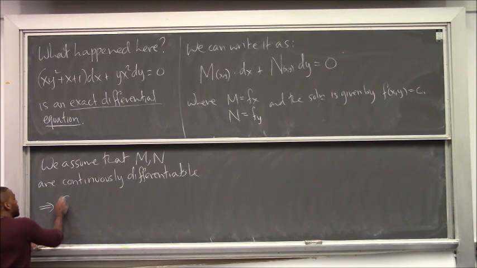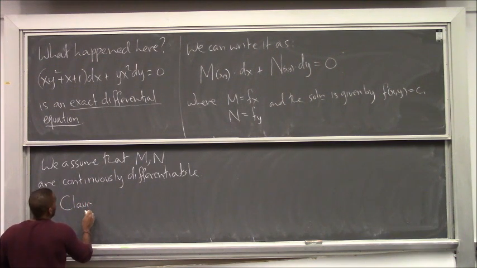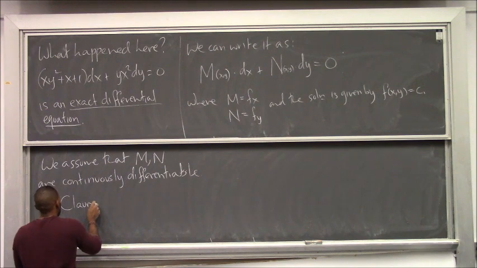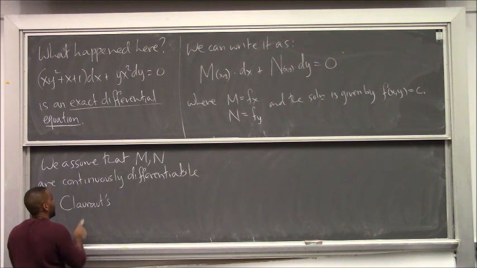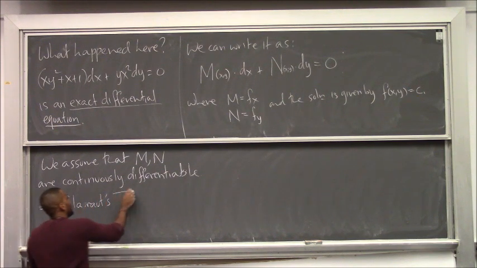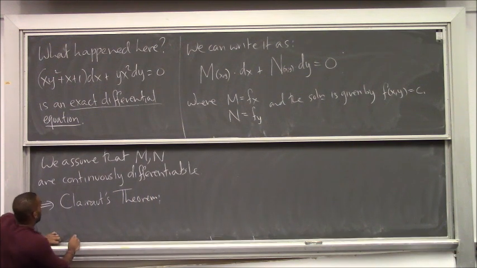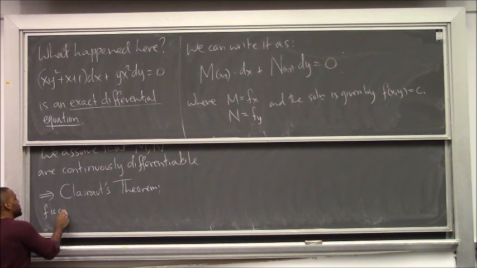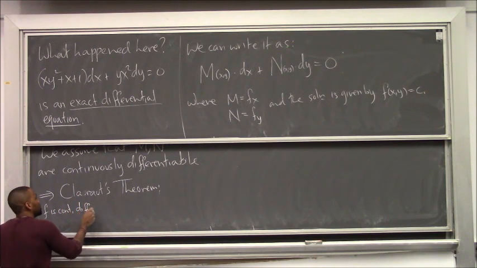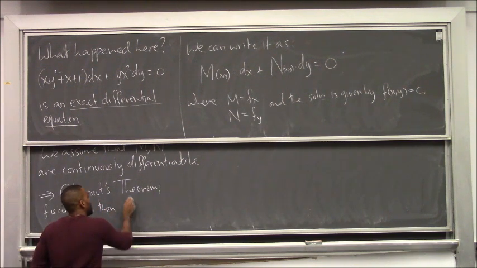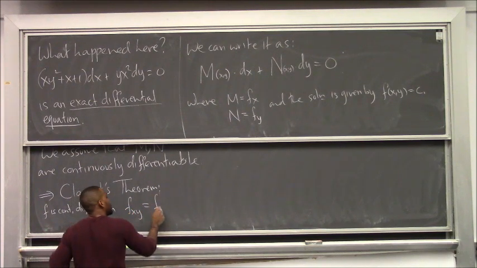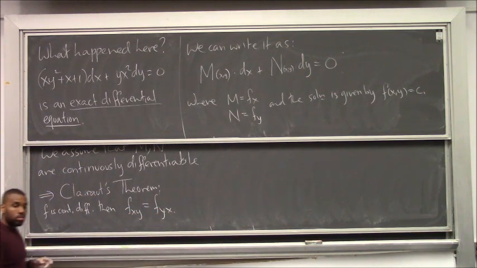And this means something else that we all remember from Calc 3, except we never remember how to spell his name. I want to say Clairaut. You remember that one, right? That says if f is continuously differentiable, then the order of partials doesn't matter. Yeah, there's a theorem that told us that from Calc 3.